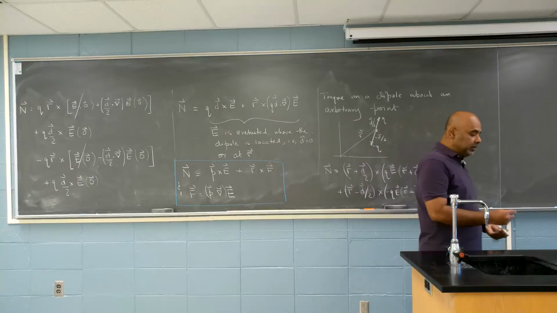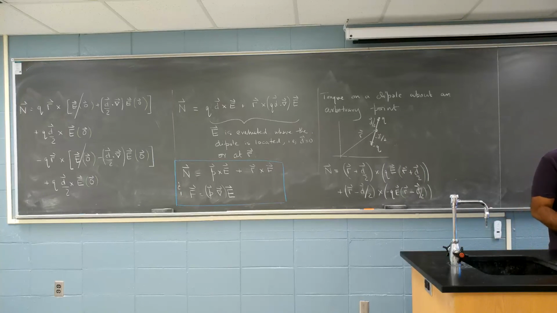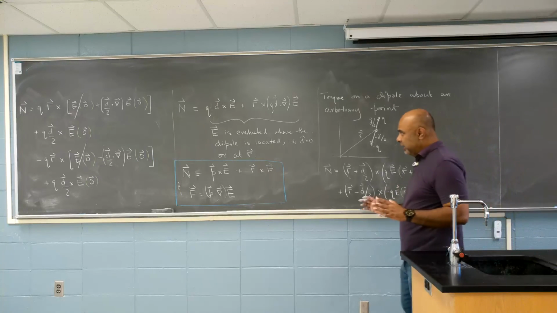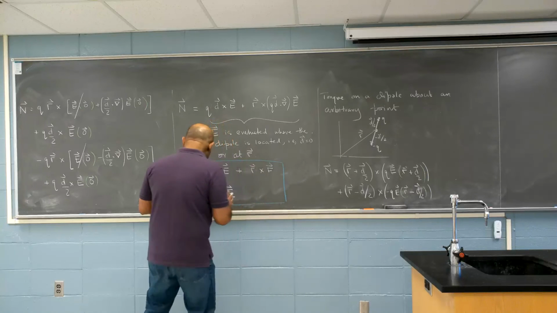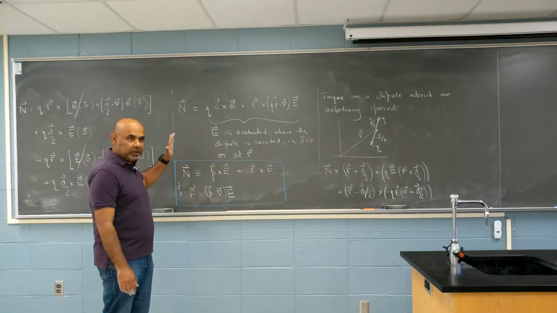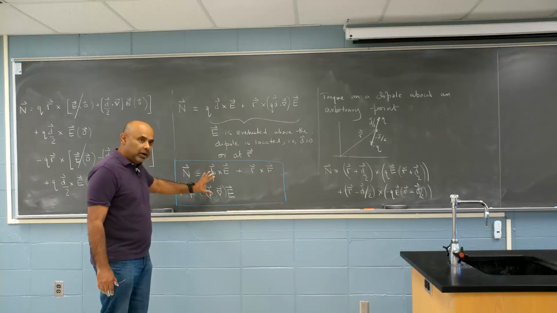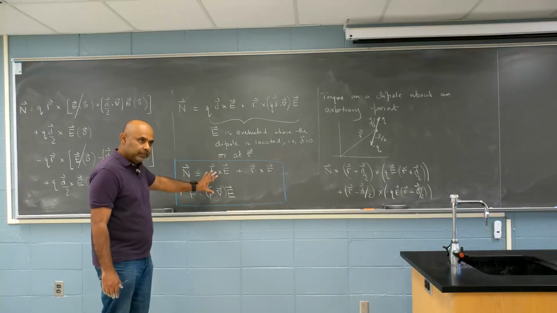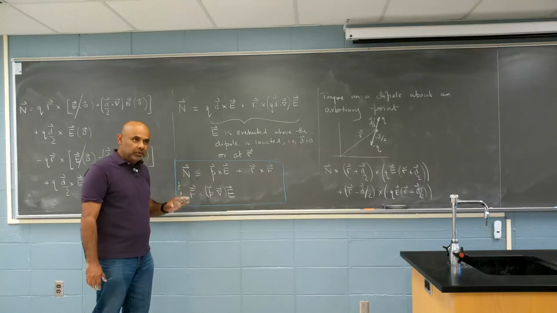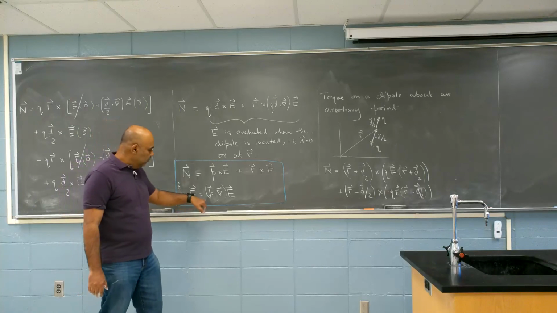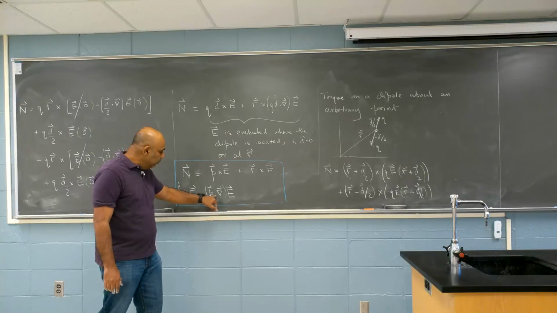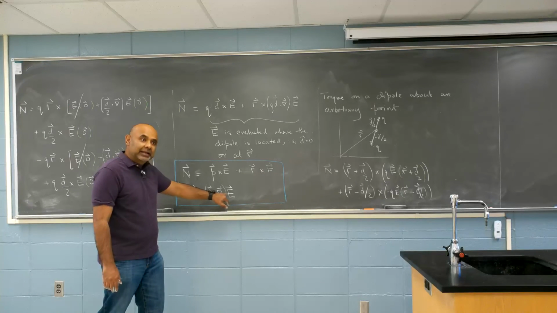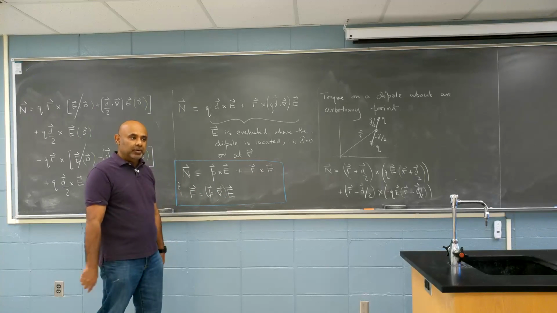So there's nothing difficult about this except keeping track of all the terms we have derived. Now, again, the most important thing in everything that you have seen today is just understanding how to use this. If you want to compute the force on a dipole, you take the dipole vector and you dot it with the gradient operator and let it act on the electric field at the center of the dipole.